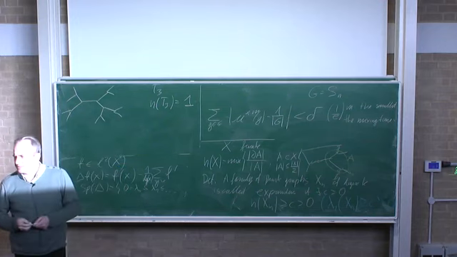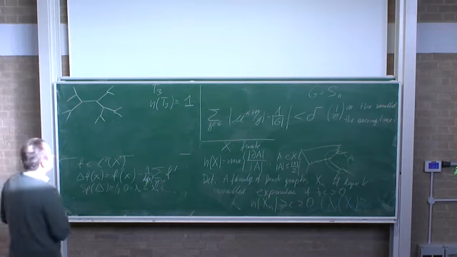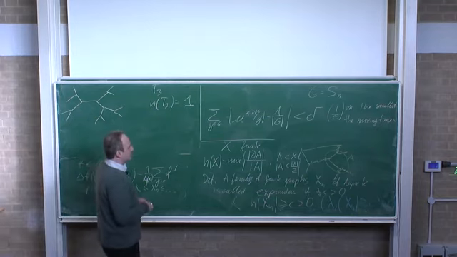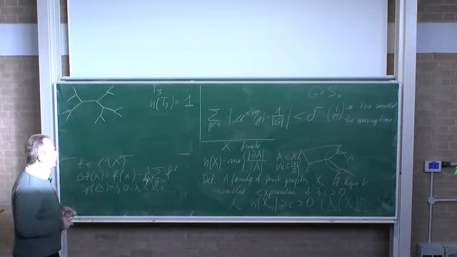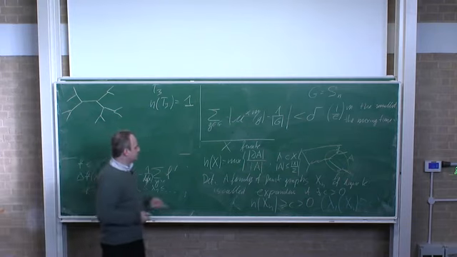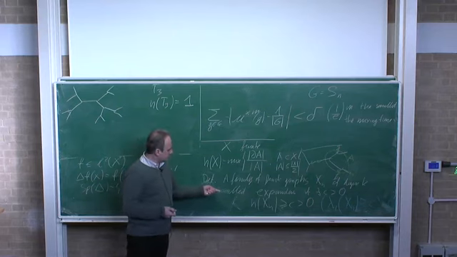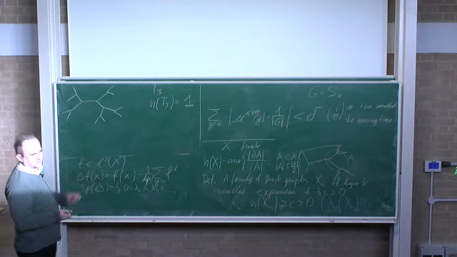That is, every subset has at least as many edges going out as there are vertices inside this subset. So you might think that as finite examples of expanders, you should look at finite trees.